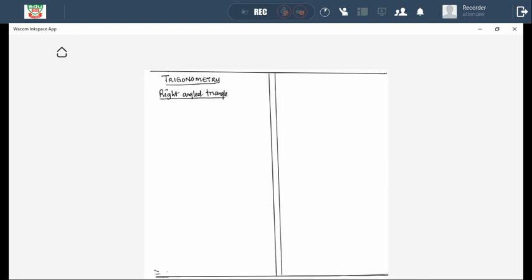Okay, so allow me to draw a right-angled triangle. Say if you are given something like this, there you go. Remember, one of its interior angles is supposed to be 90 degrees. Then you call it a right-angled triangle.